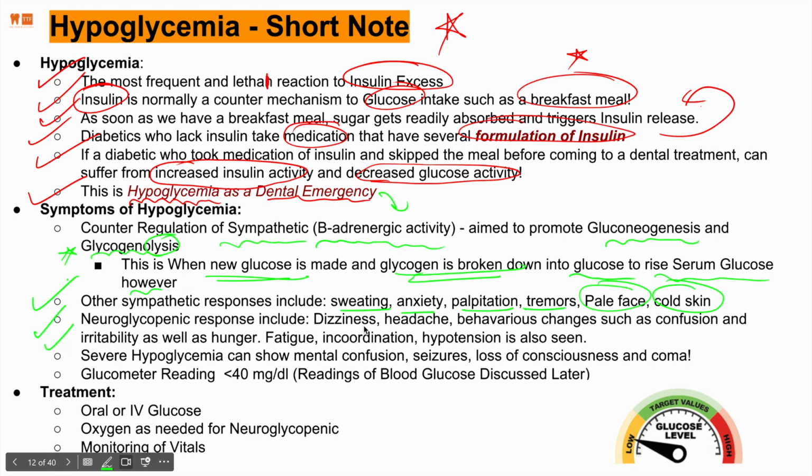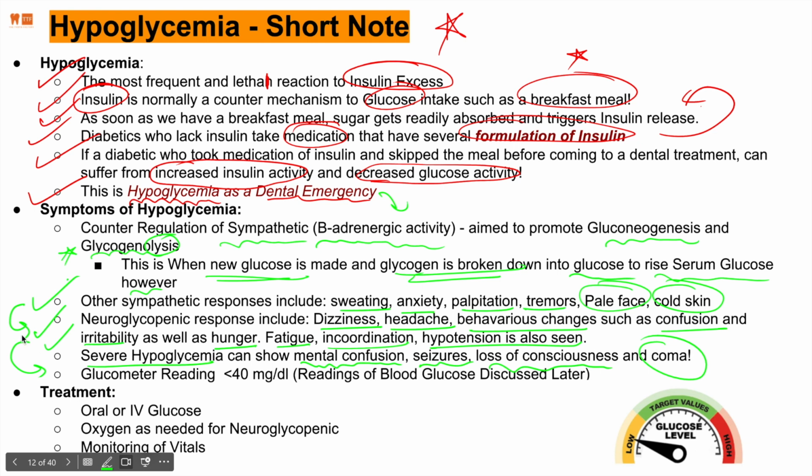Neuroglycopenic response includes dizziness, headache, behavior changes such as confusion, irritability, hunger, fatigue, incoordination, hypotension. So basically these are basic symptoms. These are one level up. And of course that leads us to a higher level of symptoms. In severe hypoglycemia, it can show mental confusion, seizures, and loss of consciousness all the way up to coma.